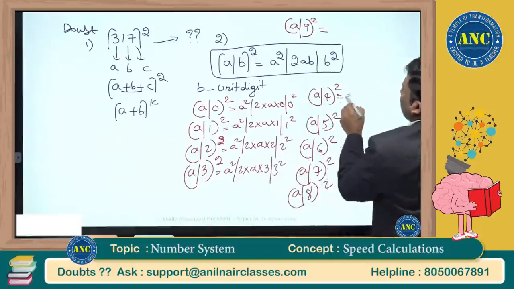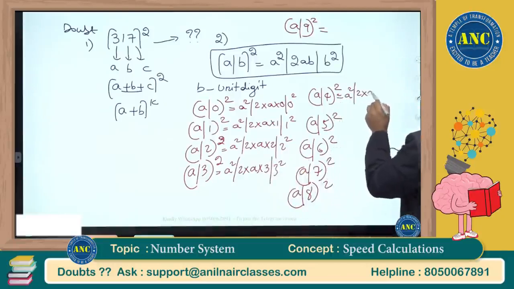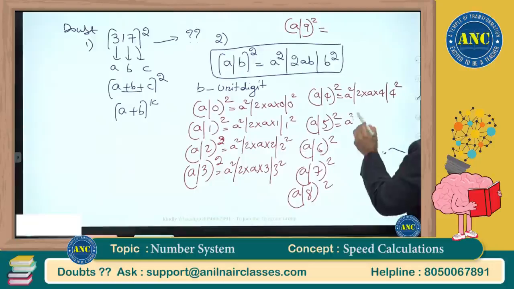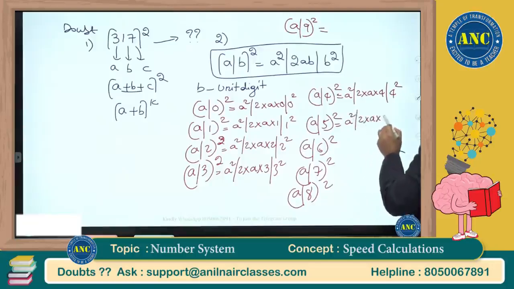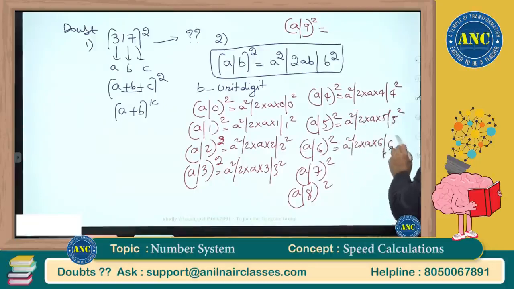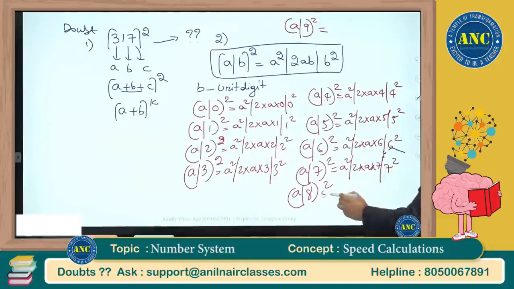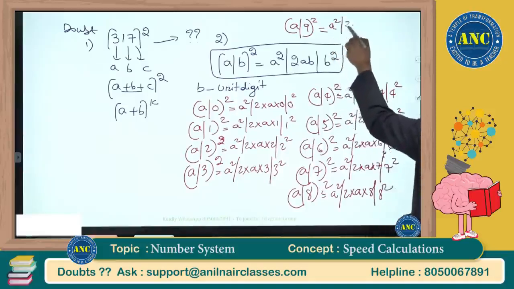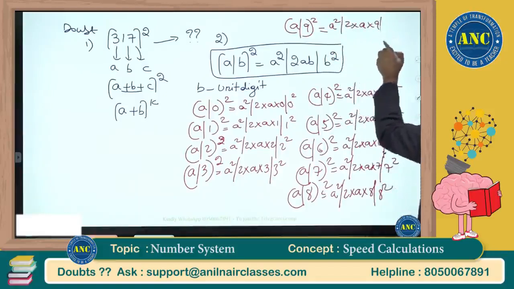A with 4 whole square, 5 square, 6 square, 7 square, 8 square, 9 square, all in the same pattern: A square, 2 into A into B, and B square.